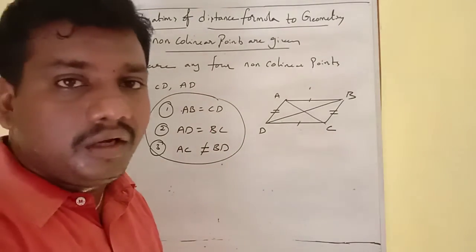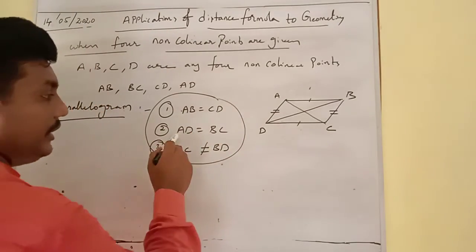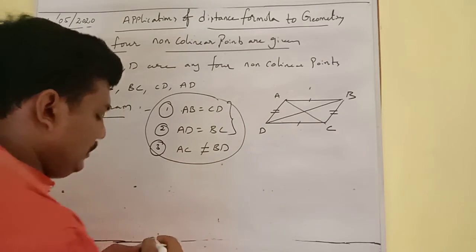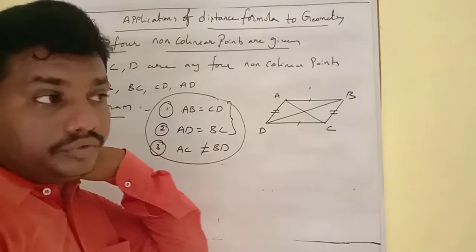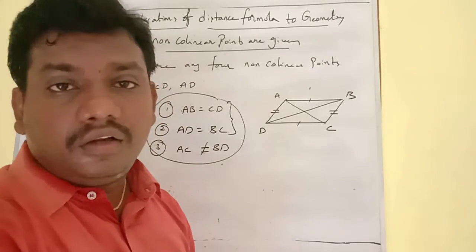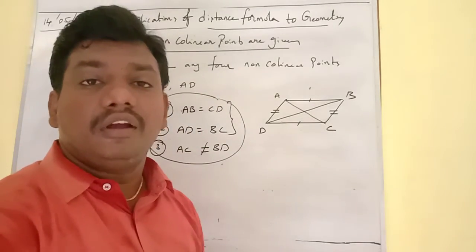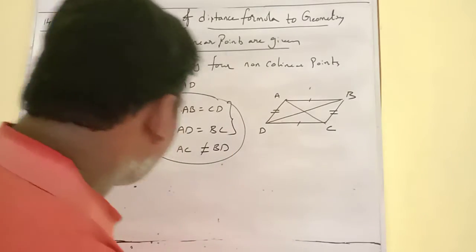We have to find that opposite sides are equal, AB equals CD and AD equals BC. These two are opposite sides, and this is a diagonal pair. So to check whether the given quadrilateral is a parallelogram or not, we have to find 6 distances. It is very important. We have to find 6 distances, 4 sides and 2 diagonals.